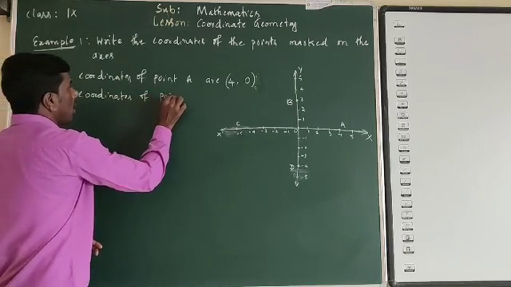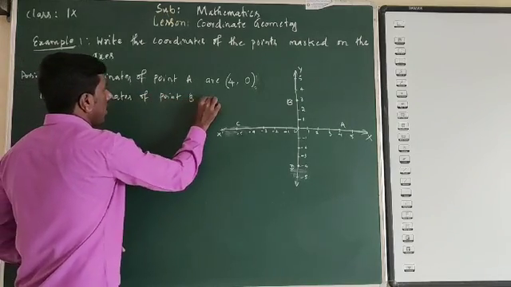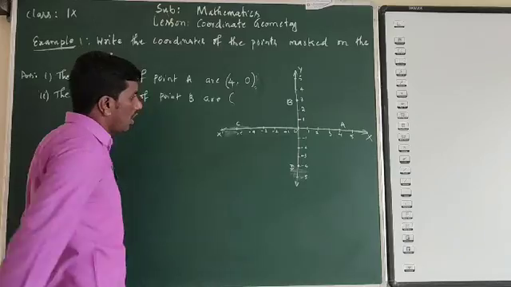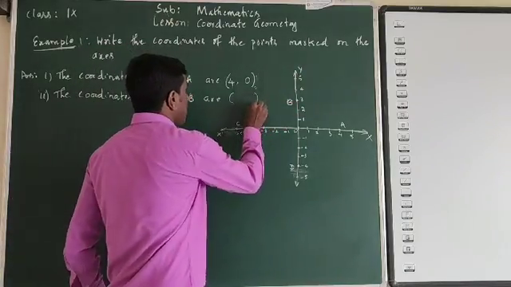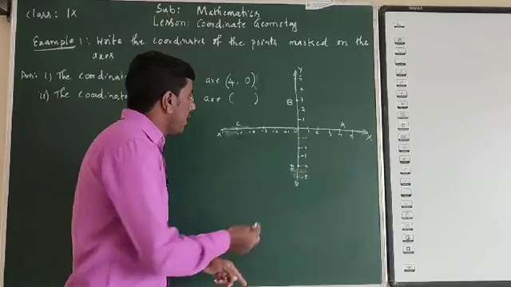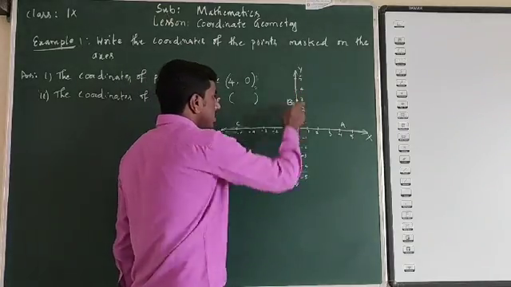The coordinates of point B. Again, observe point B. It has to be an ordered pair. Point B lies on the y-axis.